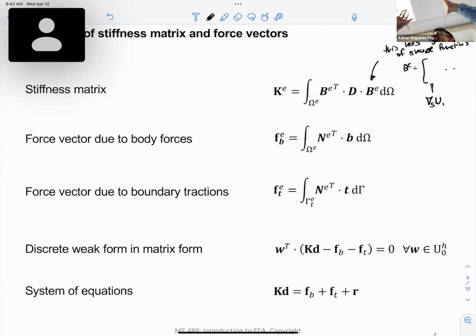So the B matrix will have the gradients of the shape functions, such that when you put them in a matrix and do the matrix multiplication, what you are doing is the different products of the gradients of the shape functions. Again, this is very similar to what we were doing for the heat transfer problem. It's just that the gradient looks a little bit different.